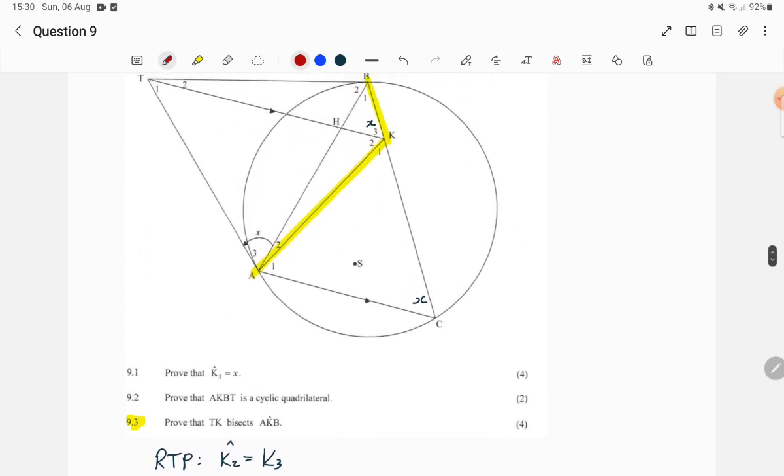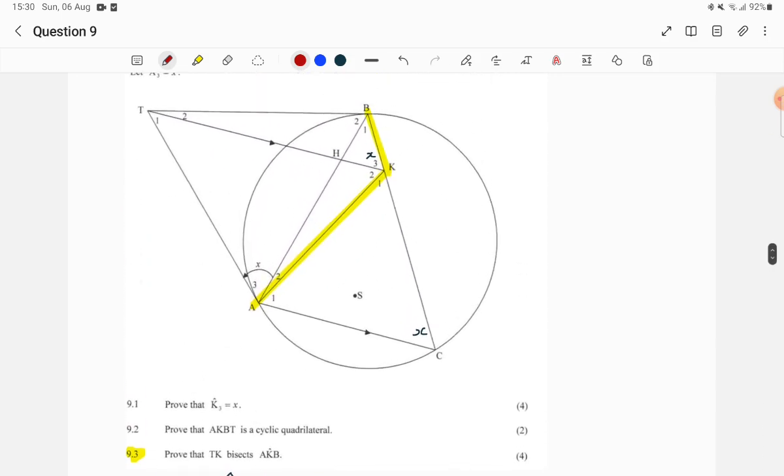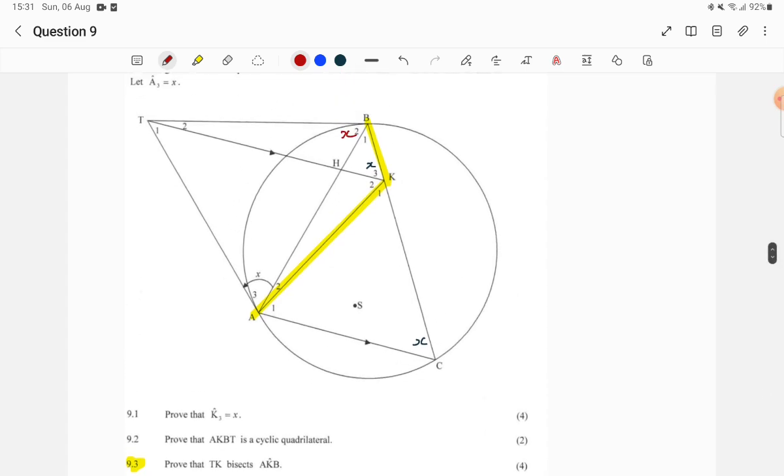And once we have that, we can then state that in this instance K3 would also equal K2. For that reason, if we just make this X, K2 is equal to B2, and that is angles in the same segment.